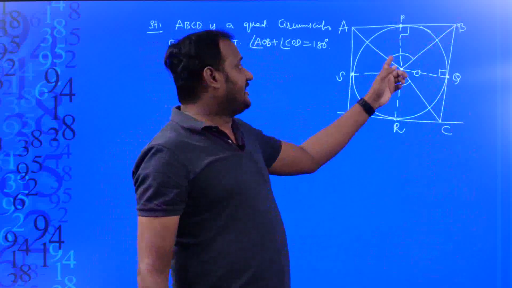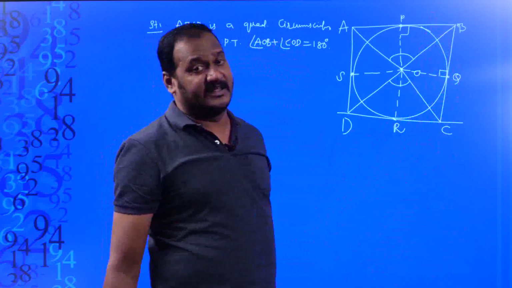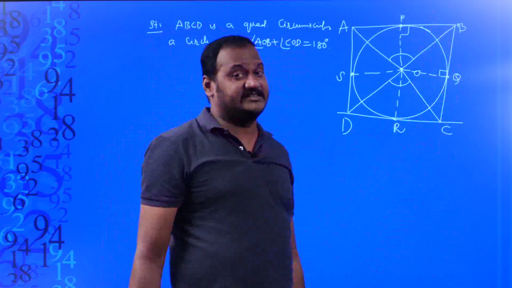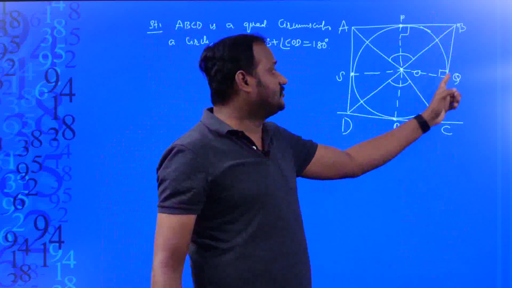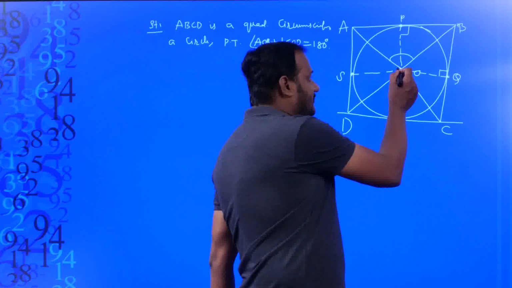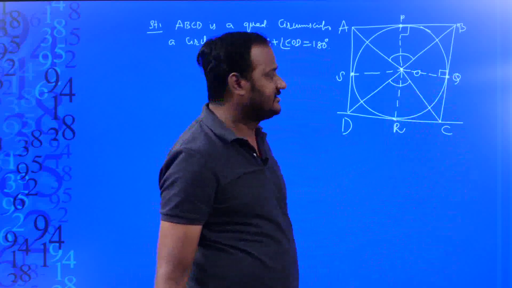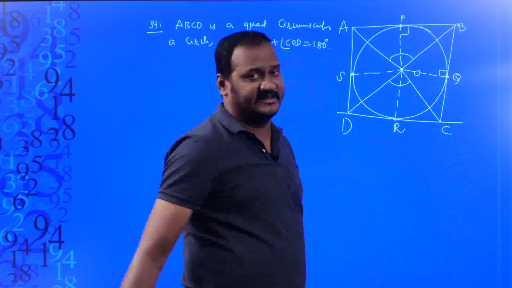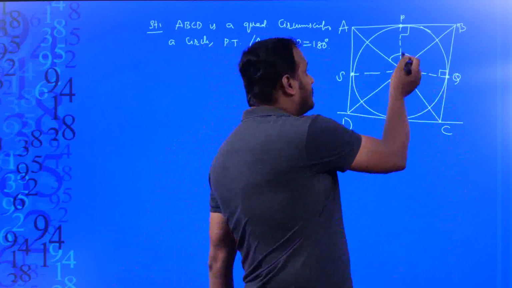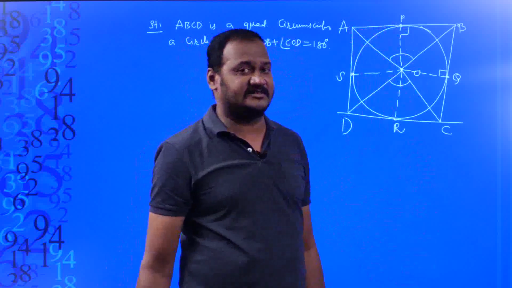So triangle OPB is congruent to triangle OQB by RHS congruence. Similarly, triangles OQC and ORC are also congruent by RHS, ORD as well as OSD are also congruent by RHS congruence, and OPA as well as OSA are also congruent by RHS congruence.